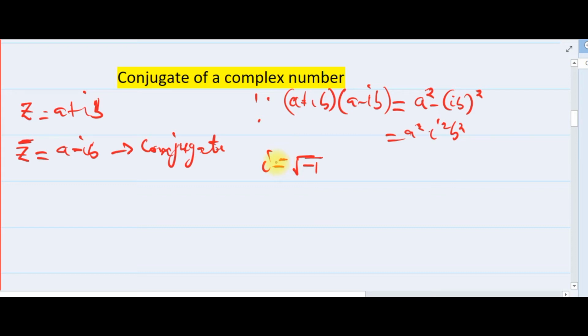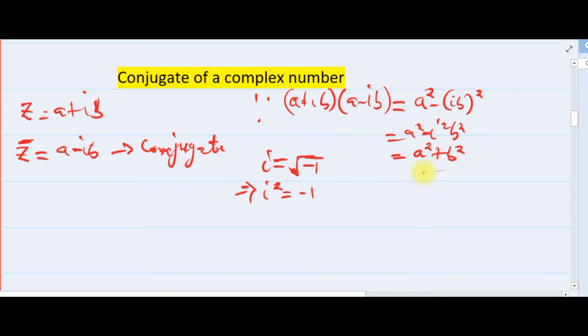That's the main reason they introduced complex numbers, because most times after solving, finding the square root of a negative number becomes a problem. So that's why they introduced this i as the square root of -1. So from this, i squared is -1, so we now have minus times minus, so we have plus b squared.